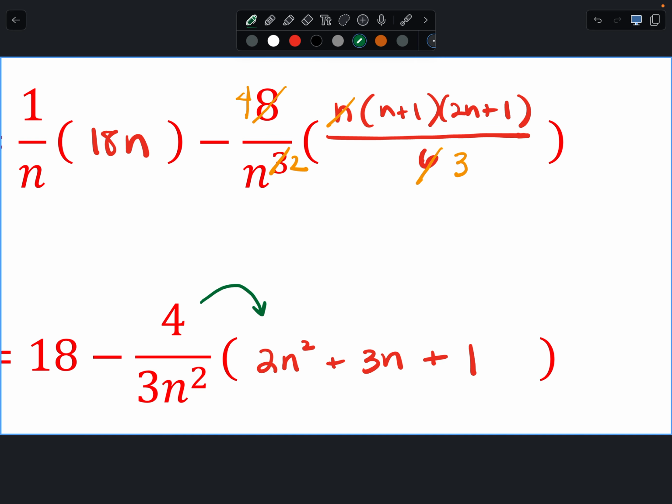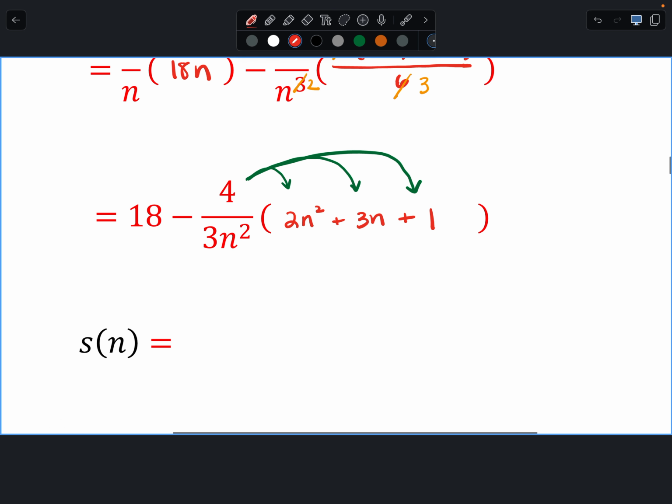Now, if you're using your graphing calculator, you want to make sure that you have it set so that you can type values into your table.